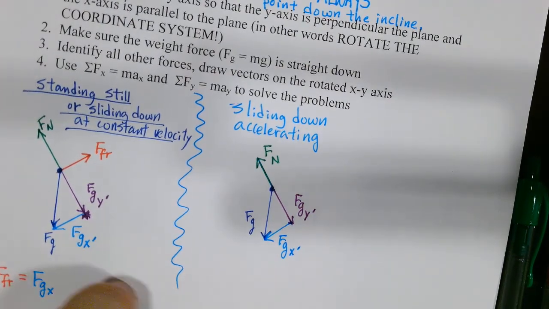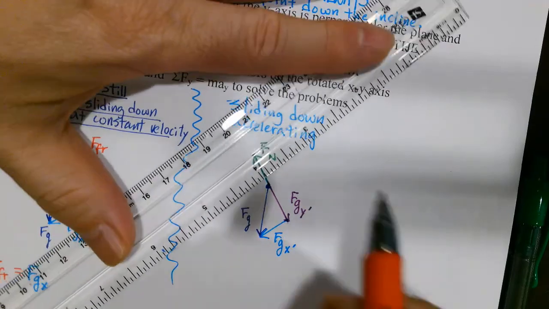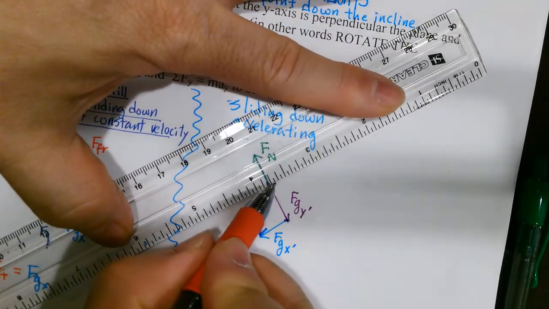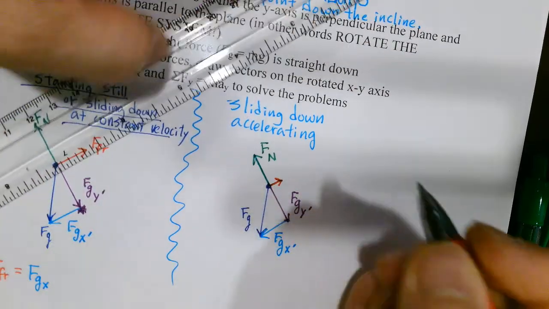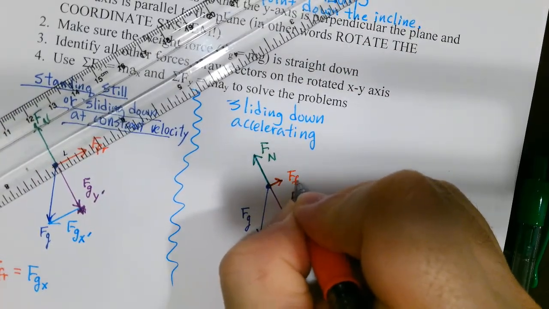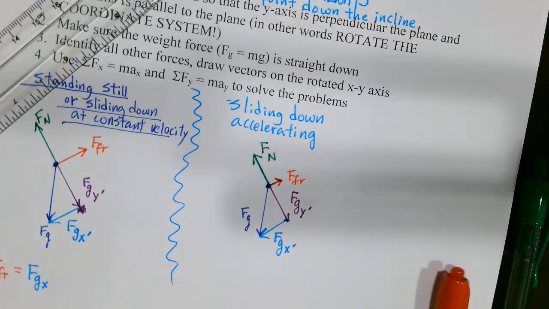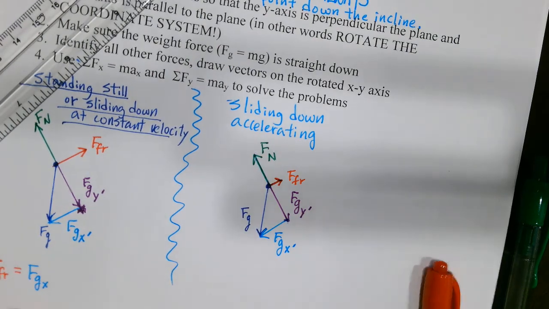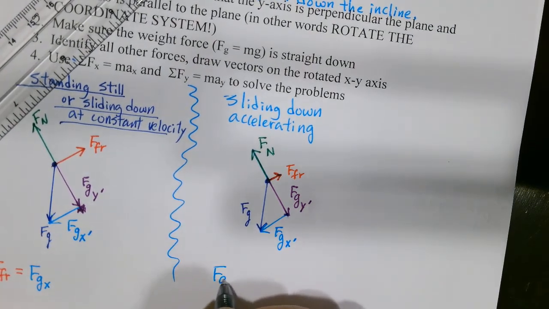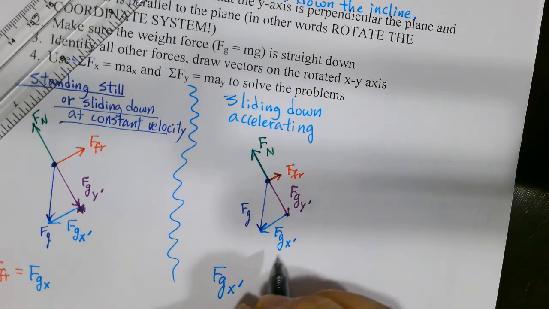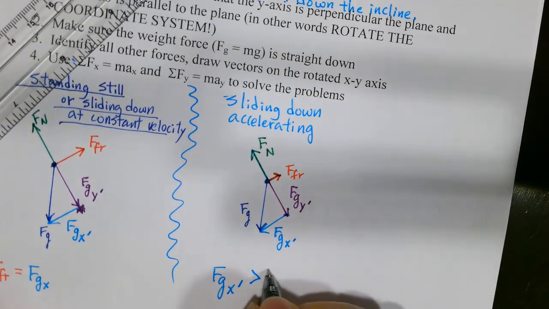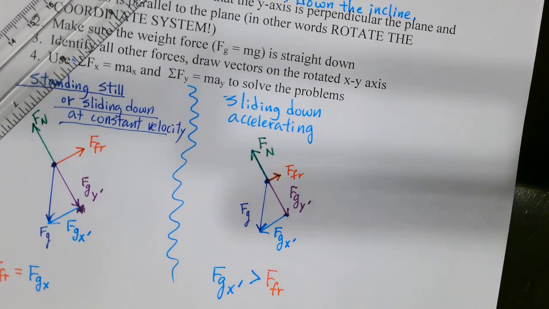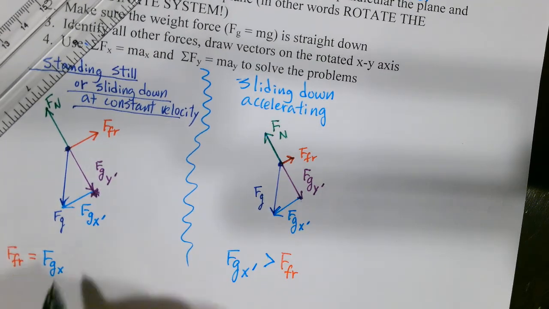And your frictional force is definitely smaller than your FGX. Okay? So when it's sliding down, accelerating, your FGX prime is definitely greater than your F friction. Okay?